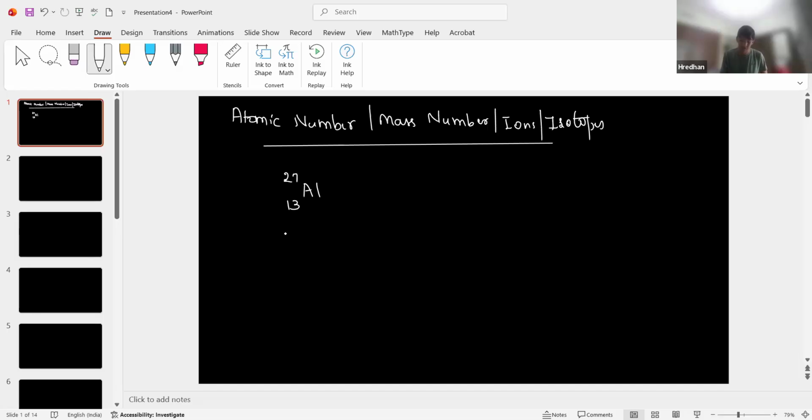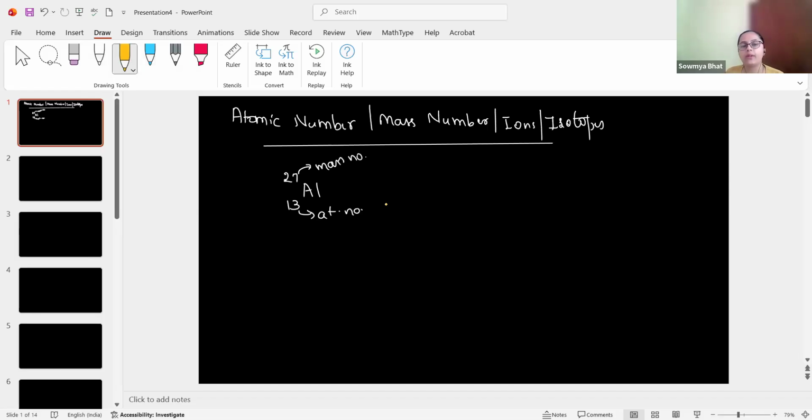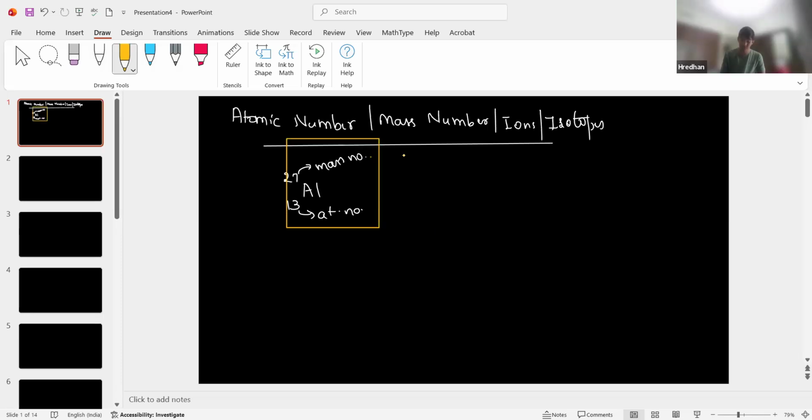27 and 13. The one on the top is always the atomic number. This is the atomic number. That depends on the periodic table, how they arrange. So you remember the bigger number is the mass number, and the smaller one is the atomic number.